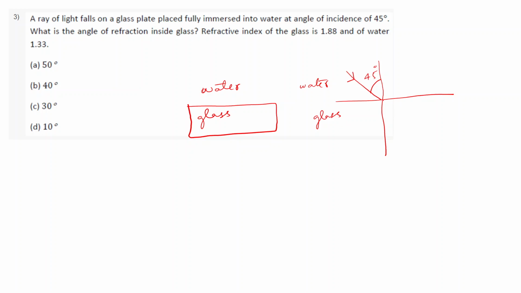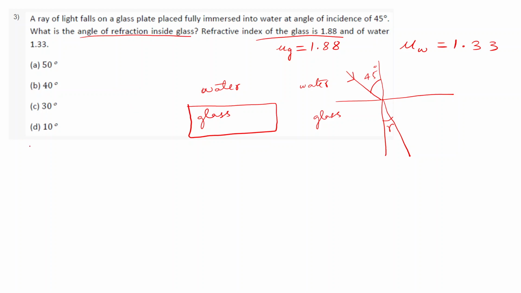So inside the glass, its angle will change. We have to find out what will be the angle of refraction. The refractive index of glass is given to be 1.88, and the refractive index of water is given to be 1.33. We need to find out the angle of refraction.